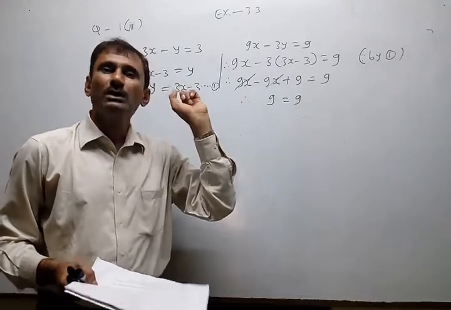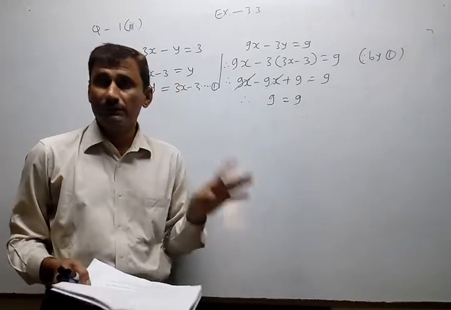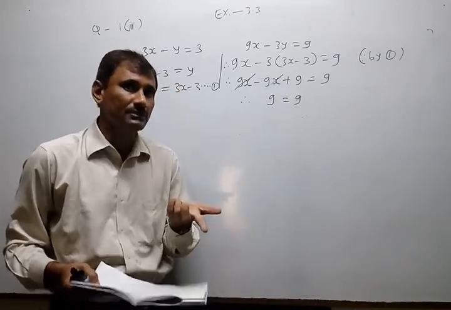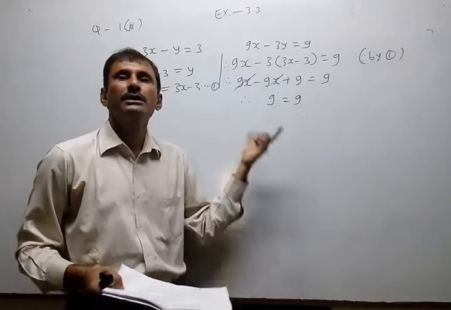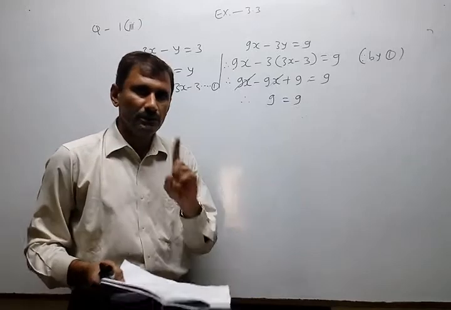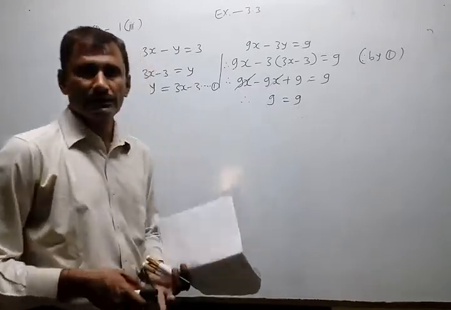In earlier sums, the pair had a unique solution; no other solution was possible. But here, many solutions can be written, not a single solution.